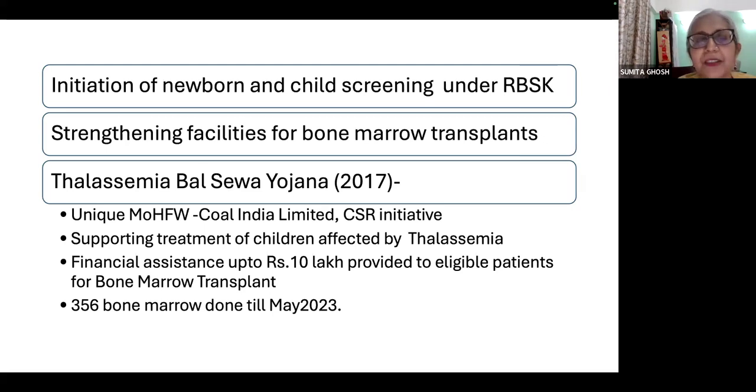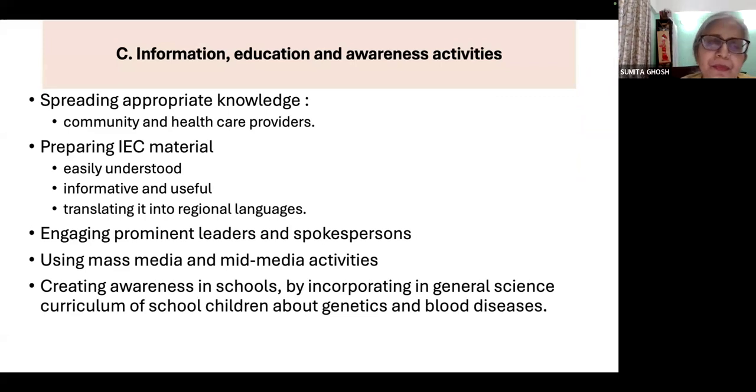Various facilities have been strengthened, as has been said. Thalassemia Bal Seva Yojana, which the ministry has taken as a CSR initiative with Coal India, provides 10 lakhs to eligible patients. And till May 23, I have the figures that 356 bone marrow transplantations have been done.